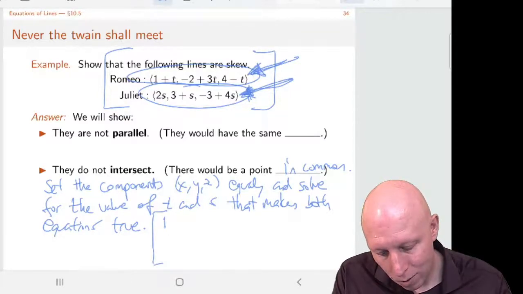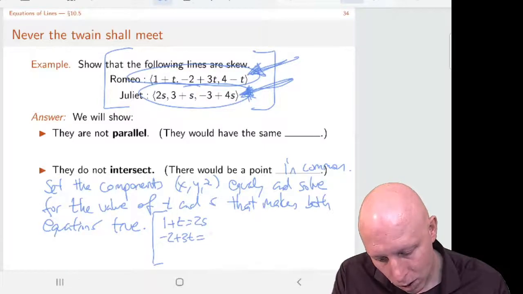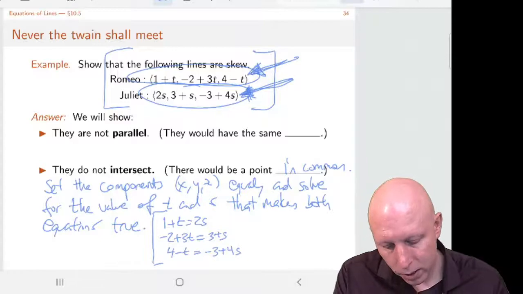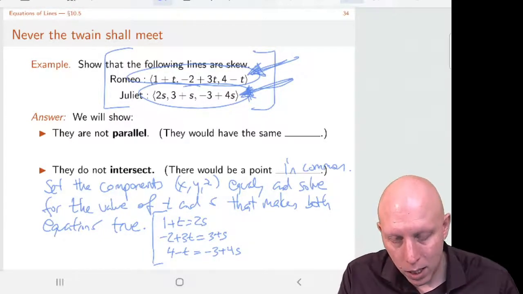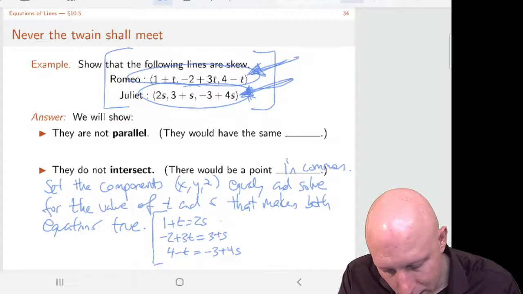So we want to solve 1 plus t equals 2s. Negative 2 plus 3t is equal to 3 plus s. And 4 minus t is equal to negative 3 plus 4s. So let's add the first equation to the last equation. What do we get?